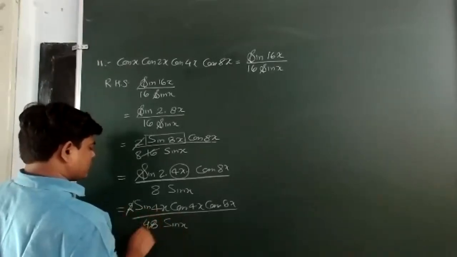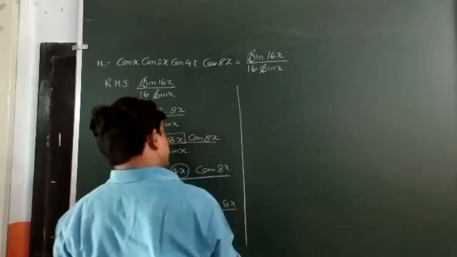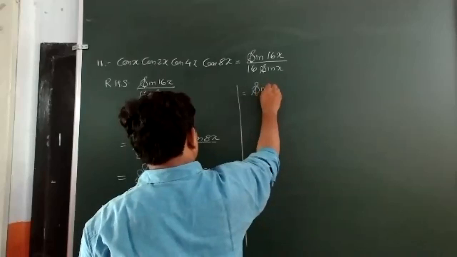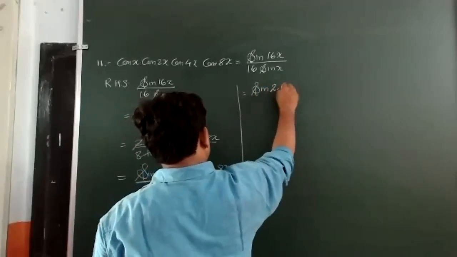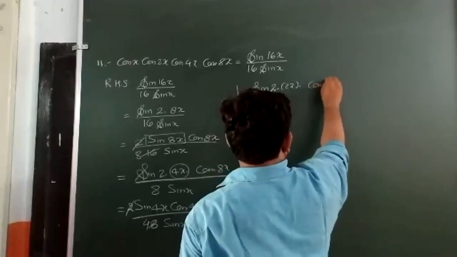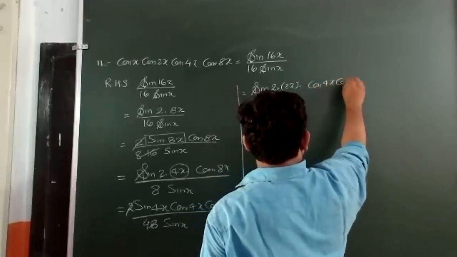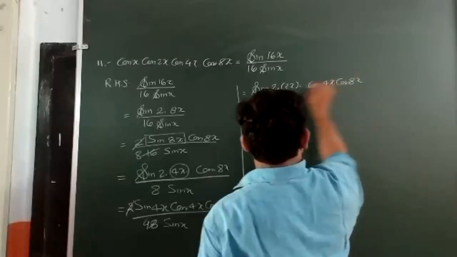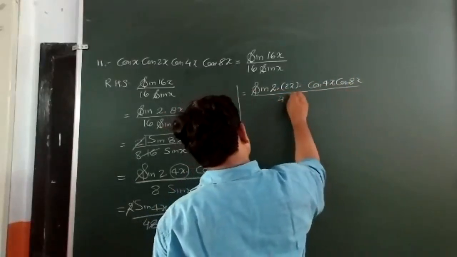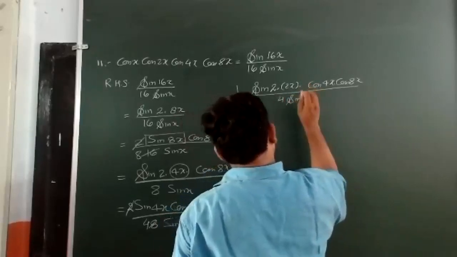Again it is 4 more. Now one more line I am writing here: sin 4x written as 2 into 2x, and the rest, cos 4x into cos 8x, will remain the same. And here I am having 4 sin x.